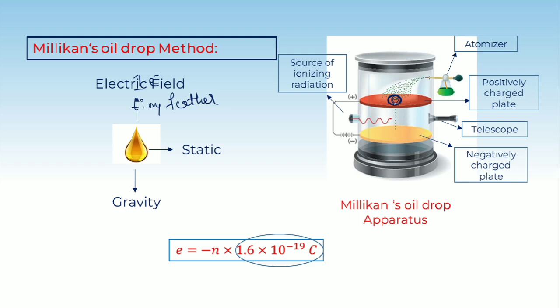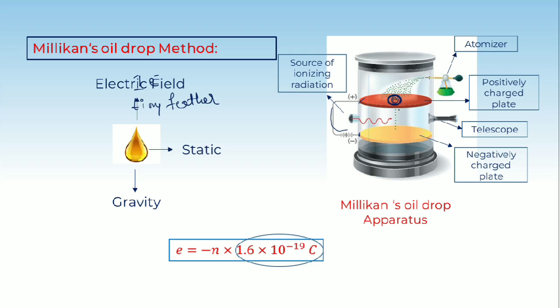Then he applied an electric field. The two metal plates: the top one is connected to the positive terminal, and the bottom one is connected to the negative. Some oil drops had electrons.